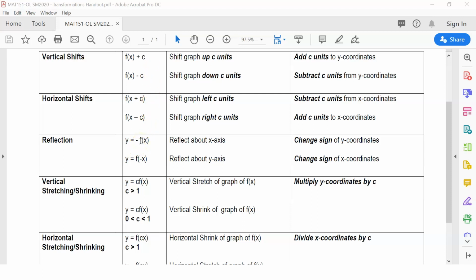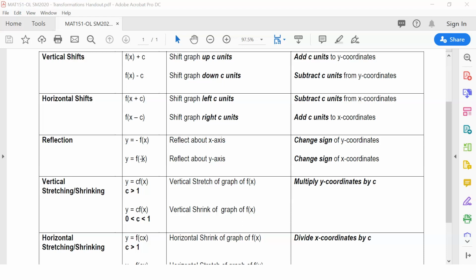Right? A vertical reflection, which would reflect about the x-axis, you will see a negative sign outside the argument of the function, in this case, minus f of x. However, a horizontal reflection, or a reflection about the y-axis, you will see that negative symbol inside the argument of the function.